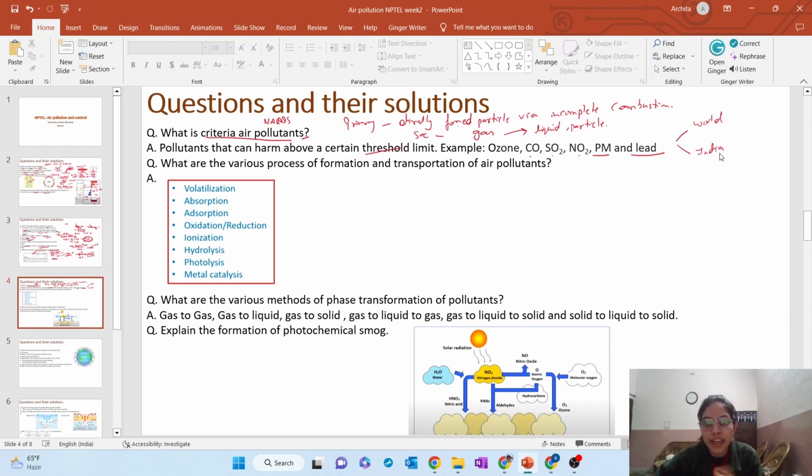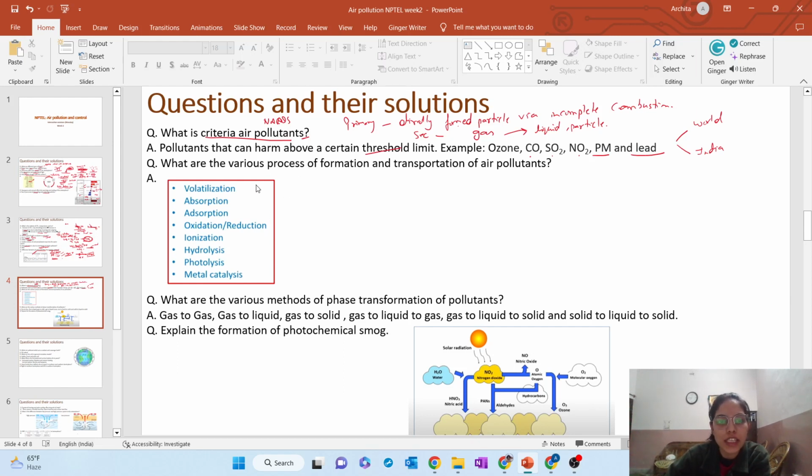Country wise it varies depending on the pollution. For India the threshold limit is actually higher compared to other countries. Now these pollutants have different processes of formation and transportation. These are the processes I will discuss in brief.